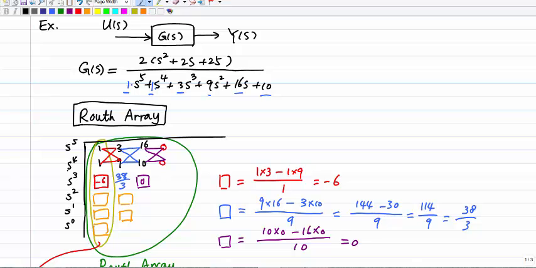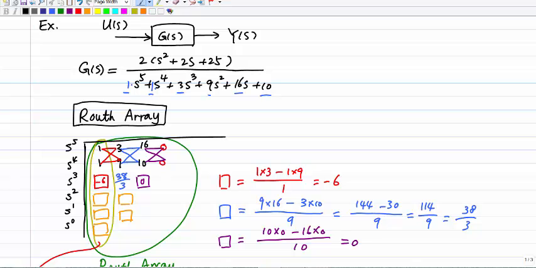The maximum power, s to the fifth, is determined by the degree of the transfer function denominator. Then we reduce the power by one each row.